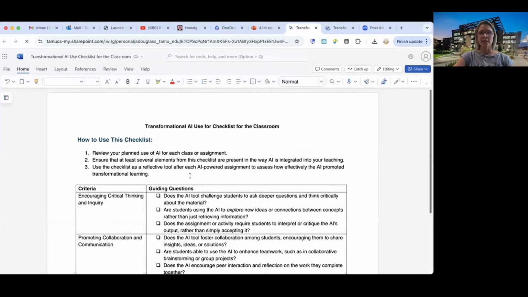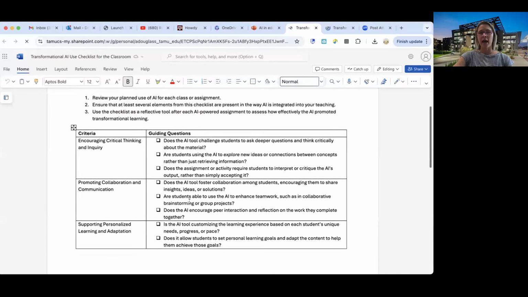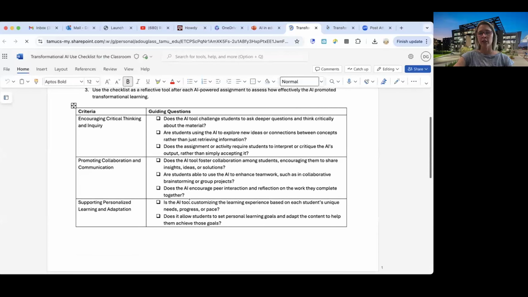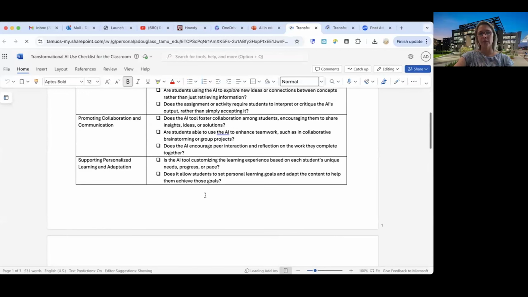It's just a step-by-step way to ask yourself, how am I encouraging each of these higher level thinking pieces into my teaching?